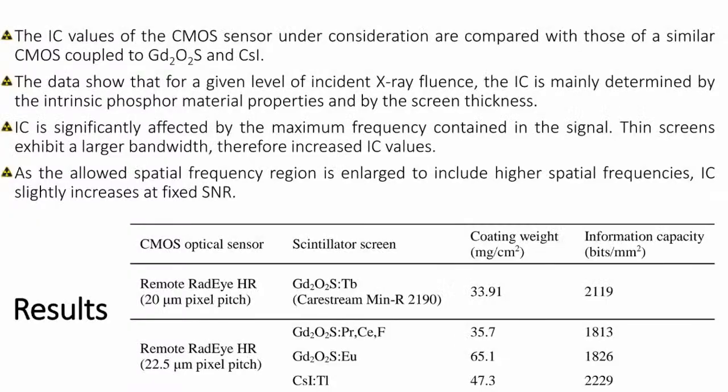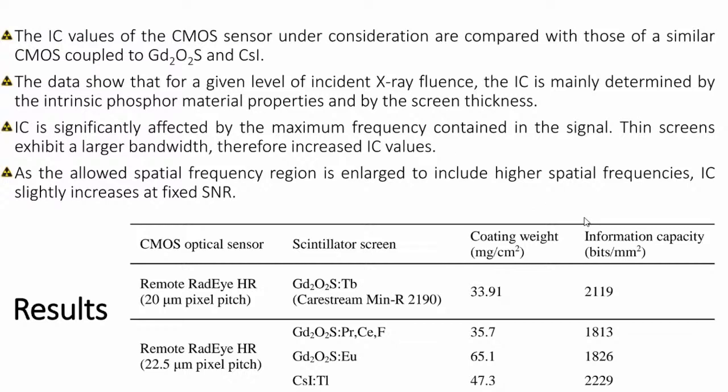In this table, we present a comparison under matching conditions of the information capacity values between the detector under consideration and those of a similar one coupled to different scintillators. The detector information capacity is higher than that with gadolinium oxysulfide.